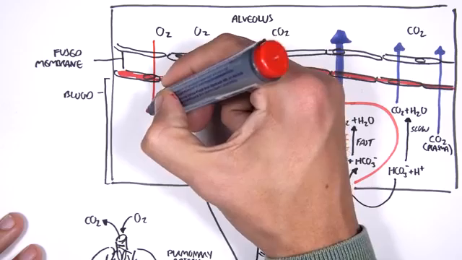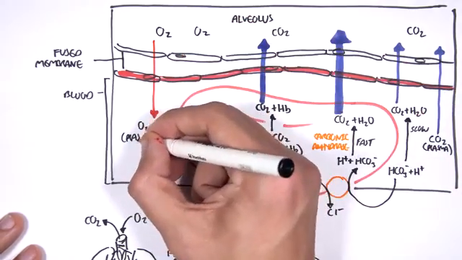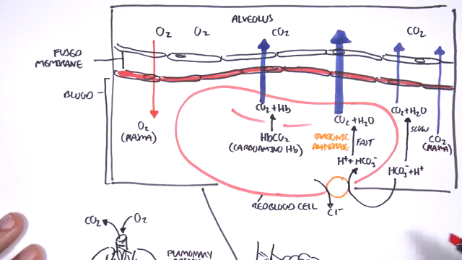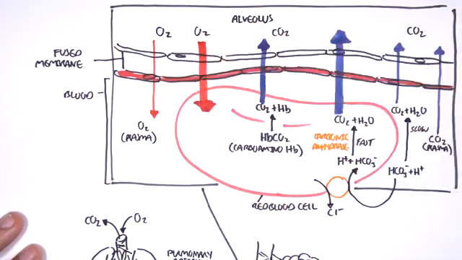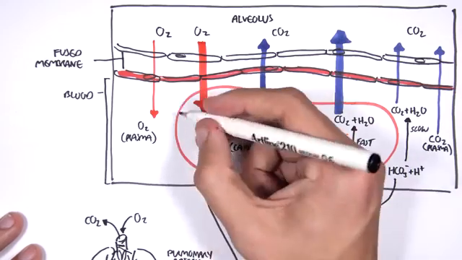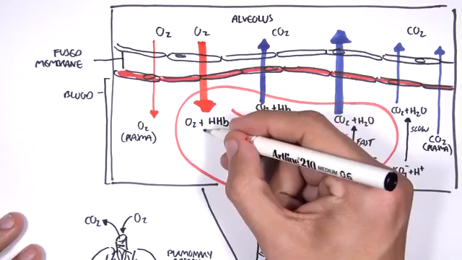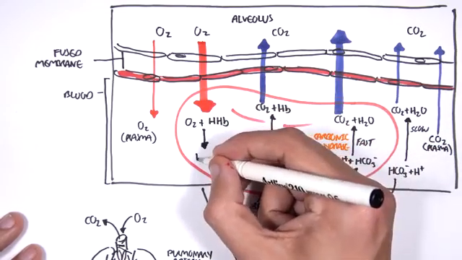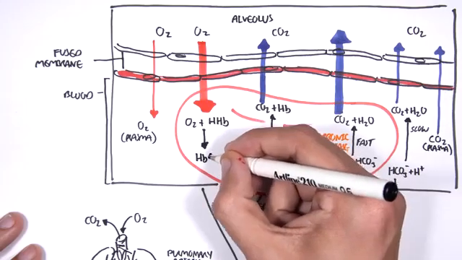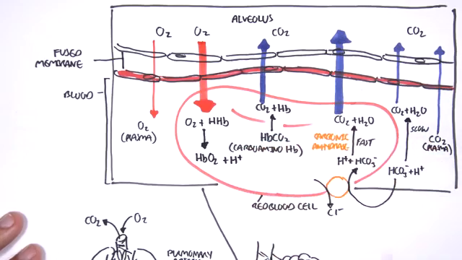So oxygen enters the alveolus, and then oxygen can be transported via two ways. A small amount of oxygen will be transported in plasma, it just enters the plasma. However, most of the oxygen will actually enter the red blood cell and then bind to hydrogen-bound hemoglobin, and then this will form essentially your oxyhemoglobin.